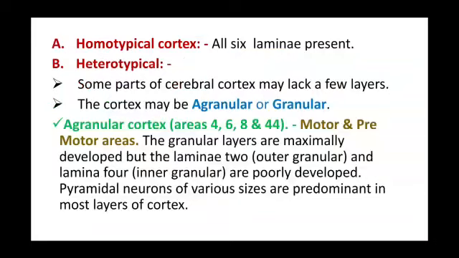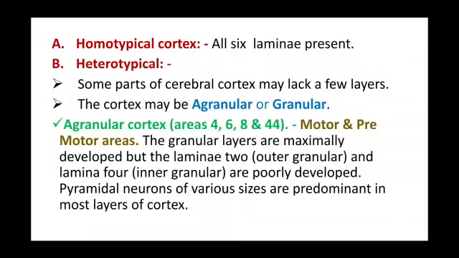But in the case of heterotypical cortex, few layers may be absent. So the cortex may be agranular or granular. So 2 varieties we have. The agranular cortex is seen in areas 4, 6, 8 and 44, mainly related to the motor or premotor areas.